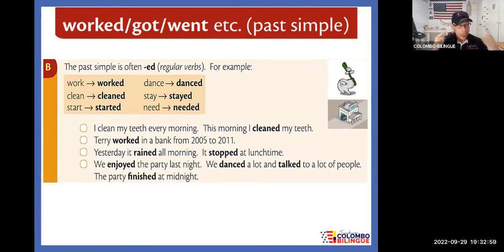Remember the pronunciation of verbs in past simple, especially when they are regular, because we classify them into 3 different groups depending on the pronunciation. Very good. Bear that in mind, Helen. So let's see, and look at the picture. Yesterday it rained all morning, it stopped at lunchtime.